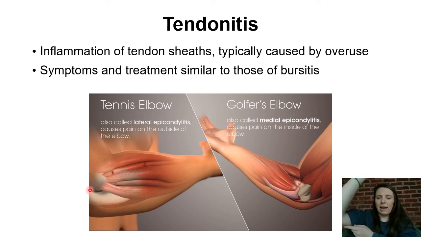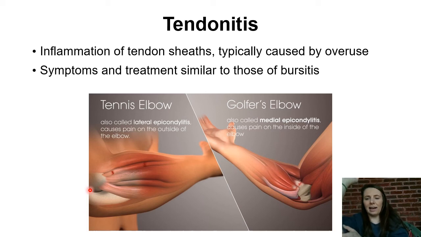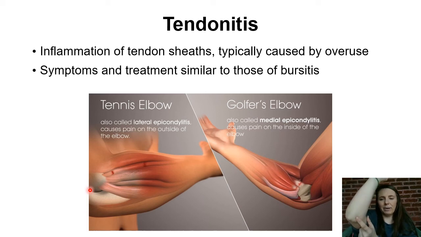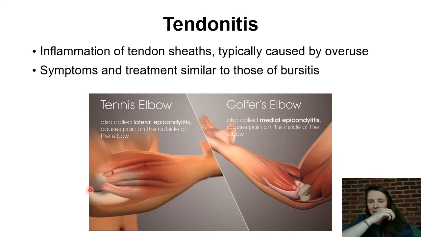That's going to cause pain on the inside of the elbow, sort of right where your funny bone is. This is going to be golfer's elbow. And that's, again, just where these tendon sheaths, as they're passing through the elbow joint, are becoming inflamed.